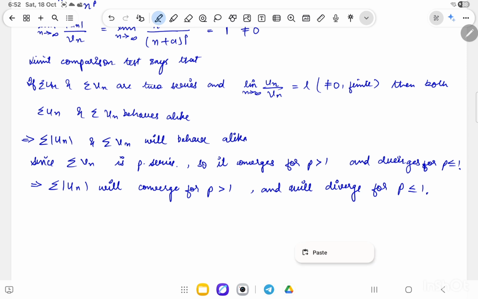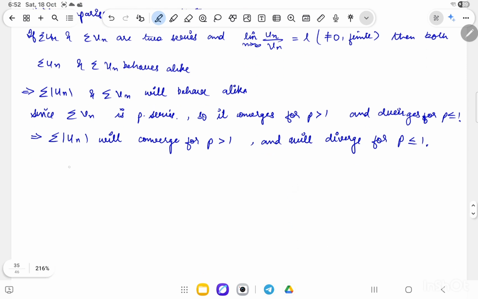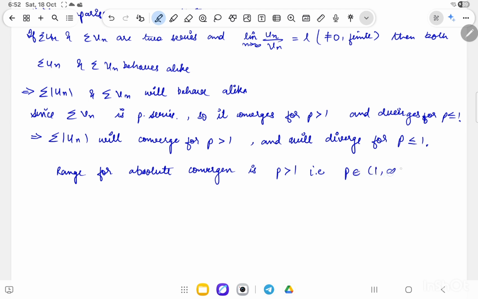So this completes our first part. So the range for absolute convergence is p greater than 1, that is p belonging to 1 to infinity.